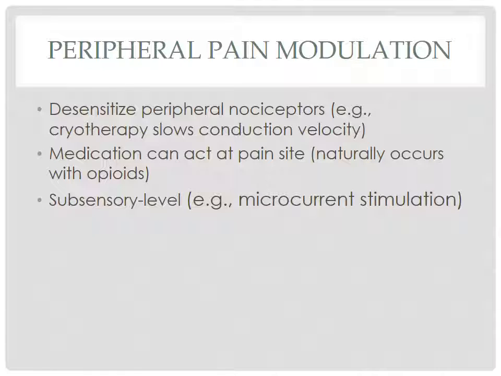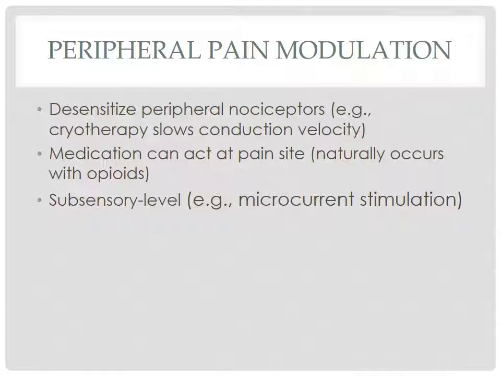Microcurrent is a form of electrical stim that gets applied at the subsensory level. When people have microcurrent applied, if they feel anything, it's very minimal. It's not what you classically think of with stim, and we know that we can reduce pain with that. Other examples are non-thermal ultrasound. With non-thermal ultrasound, people don't really feel anything, but we have seen patients talk about pain reduction when it's applied.